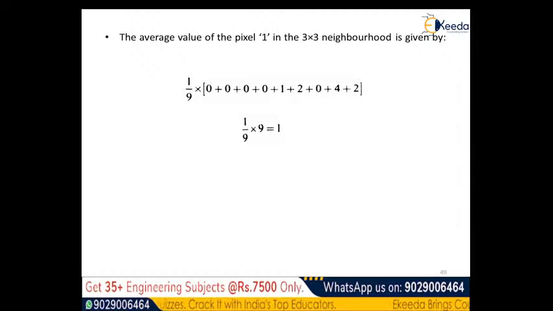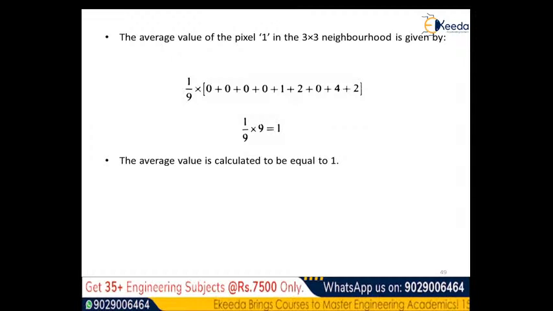When the filter mask is of the dimension 4 by 4, you have to make the summation of the 16 entries divided by 16. So for the case just illustrated, the average value calculated is equal to 1. What it was, 1, is 1 again.